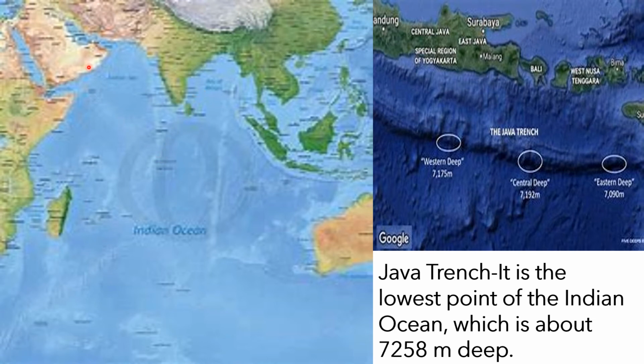The Suez Canal in Egypt and the Strait of Malacca between Malaysia and Indonesia are the two most well-known waterways in Indian Ocean.